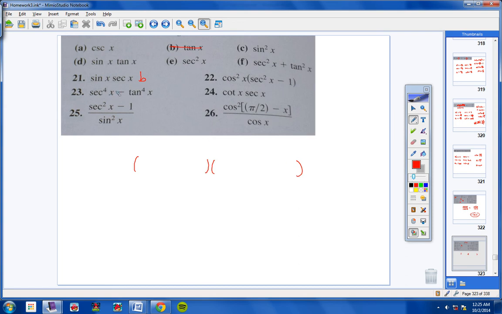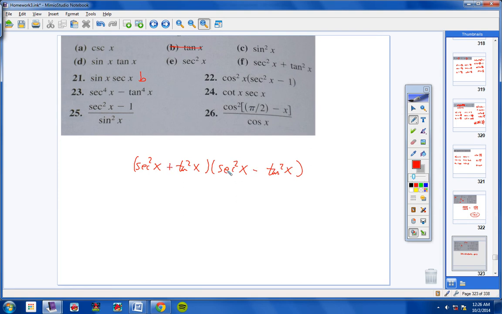Notice I have 2 terms, and I know the square root of both of those. So the square root of secant to the 4th would be secant squared. And I could be wrong. I'm totally doing this cold turkey. Okay, so we'll see what happens. The square root of tangent to the 4th would be tangent squared. Make one positive, make one negative.